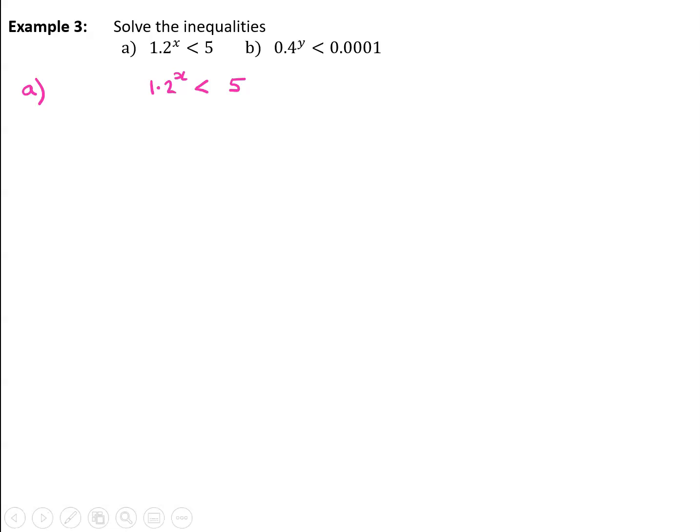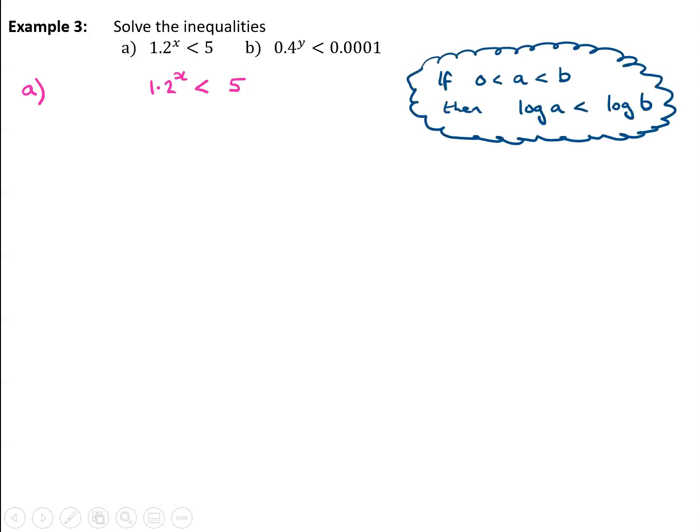One of the important things about the logarithm function is that if a is smaller than b, then the logarithm of a will be smaller than the logarithm of b. Remember, as always, if I'm writing log, that means log to base 10. So I'm going to take the logarithm of each side, and that will give me the logarithm of 1.2^x is smaller than the logarithm of 5.